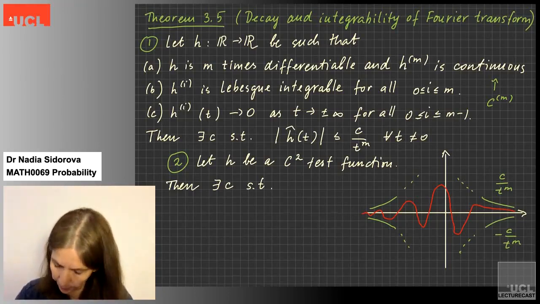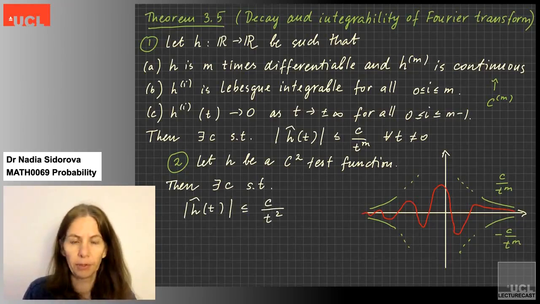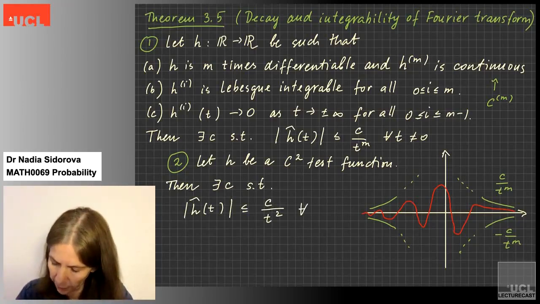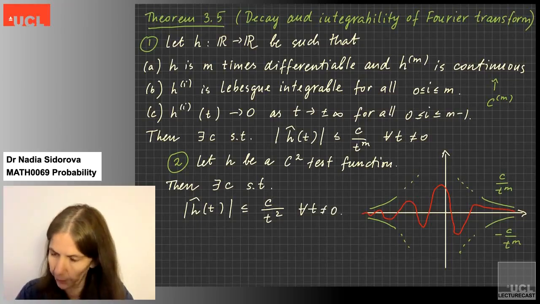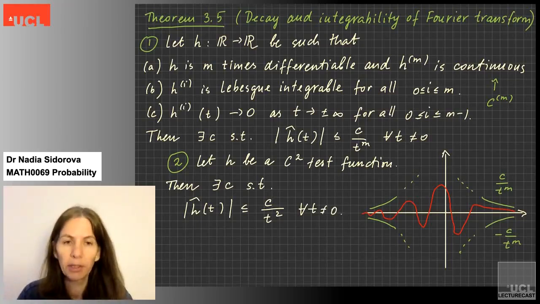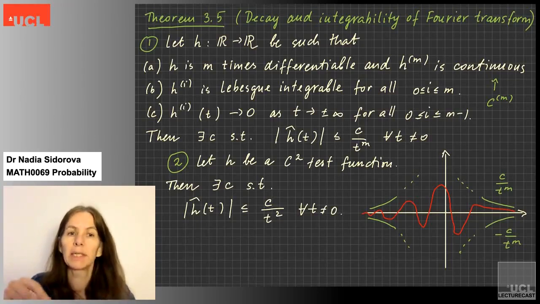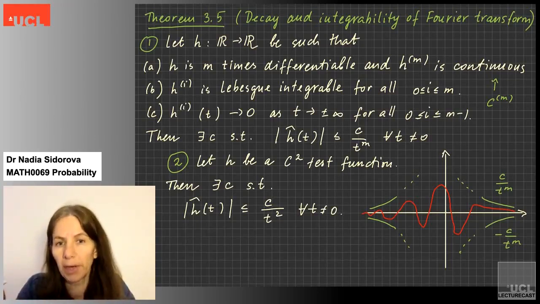So we can already apply the first part of the theorem and say that there is a constant such that the absolute value of the Fourier transform of h is bounded by c over t squared, because the level of smoothness is 2 now, for every t different from 0. And in particular, I'm going to say that the Fourier transform is integrable. Why?